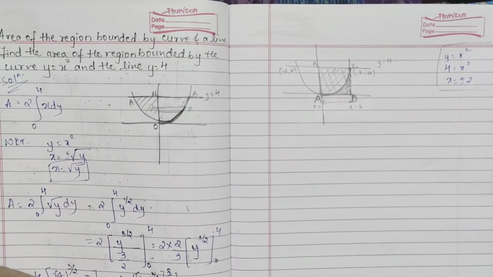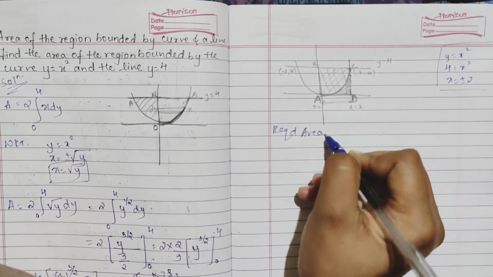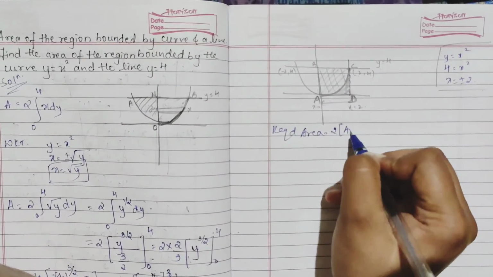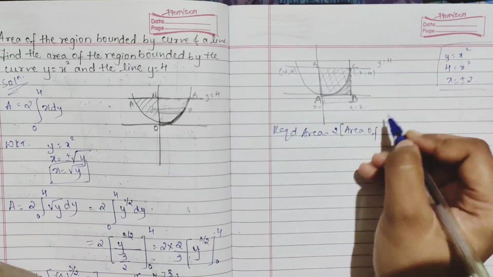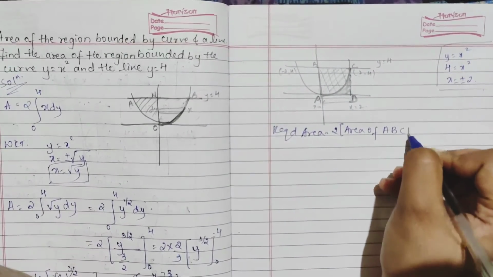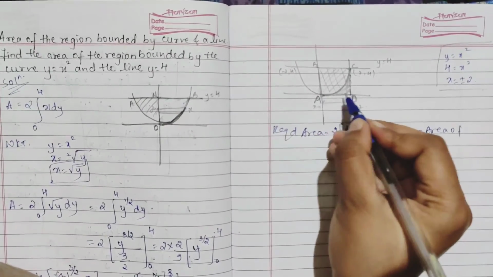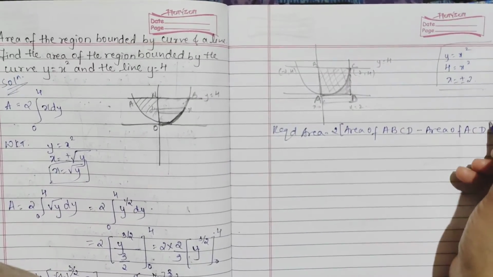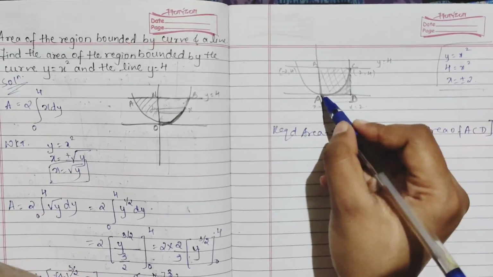If I want to find our required area, obviously it is symmetric, so twice the area of rectangle ABCD minus area of ACD. Now area of ABCD is a rectangle.